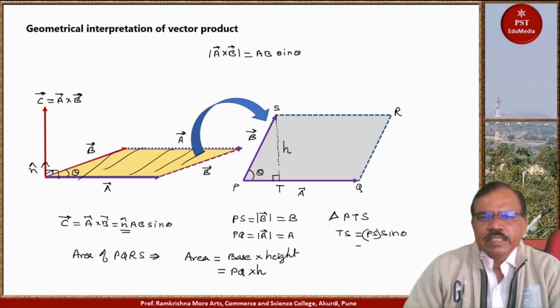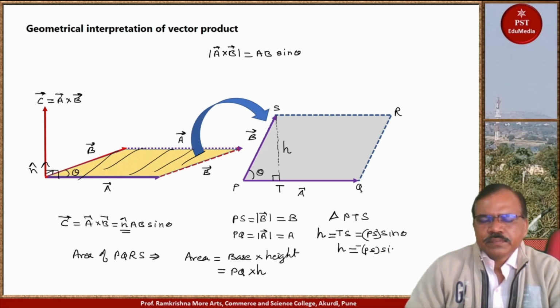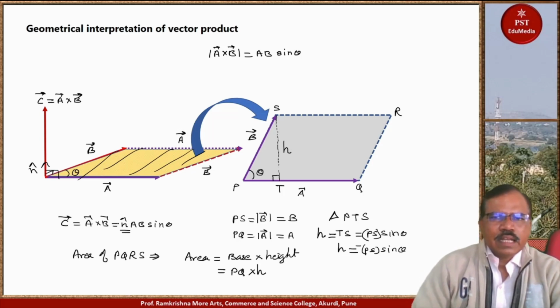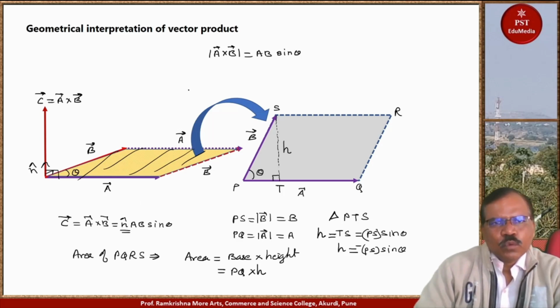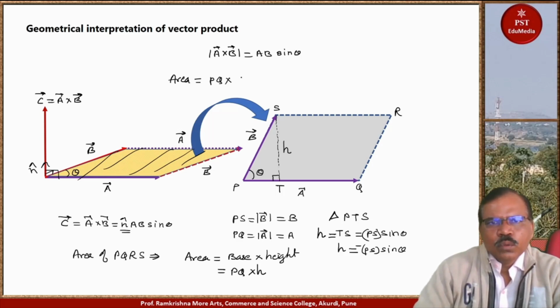And we know TS is equal to H. So H is equal to PS sin theta. So what is the area? We get the area of the parallelogram is equal to PQ into PS into sin theta.